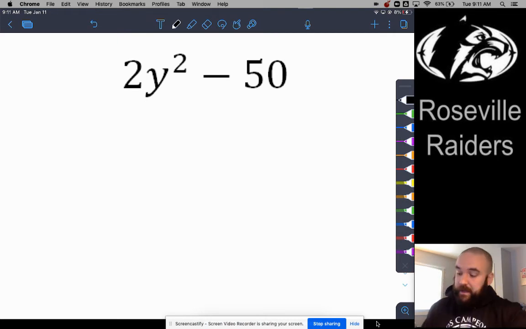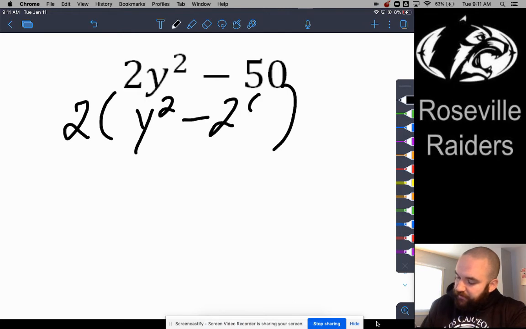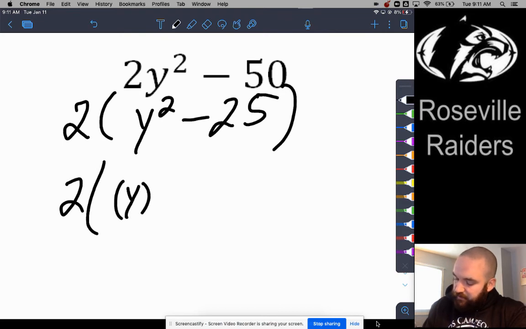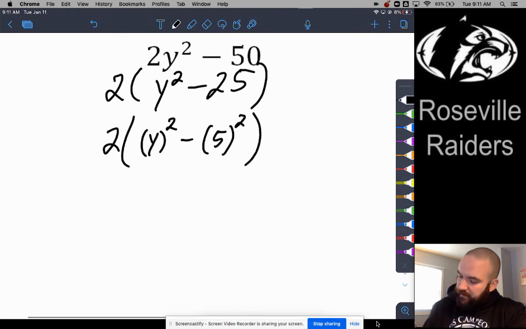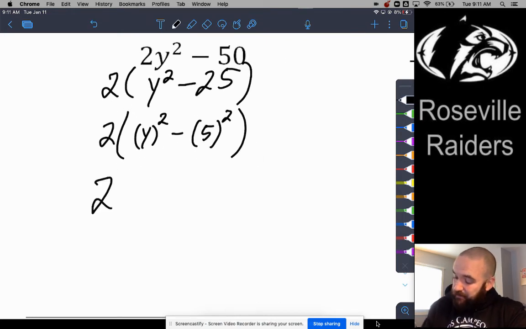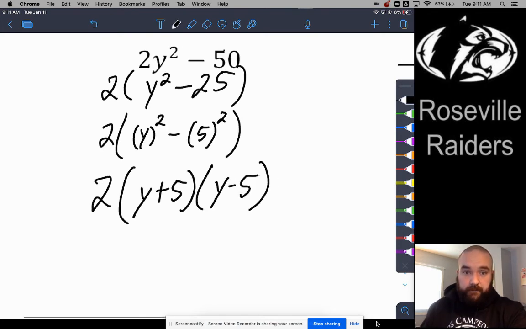But 2 is actually a GCF of these two terms. So if I do that, I have 2 times y squared minus 25, which I can write as y times itself minus 5 times itself. So then this would become y plus 5 times y minus 5 with that 2 on the outside.